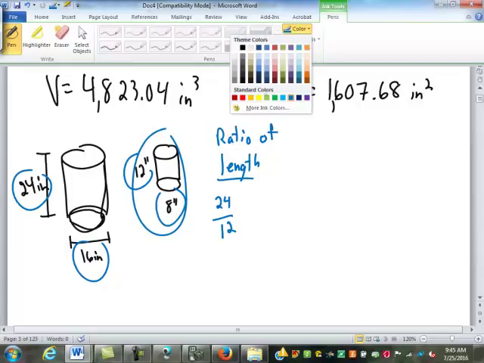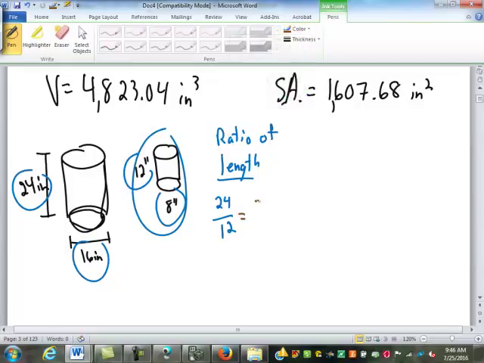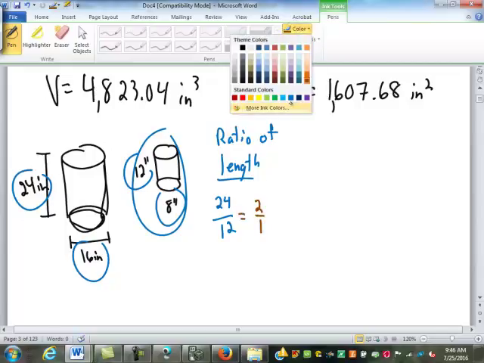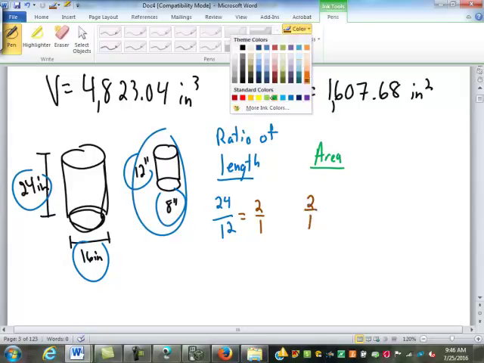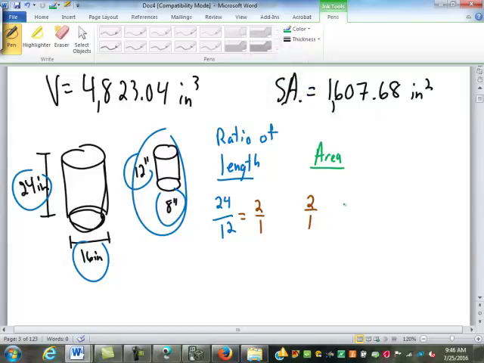Either one will reduce down to a ratio of 2:1. From that, how do we find the ratio of areas? It is squared, good, which is going to give us what? 4:1, perfect.